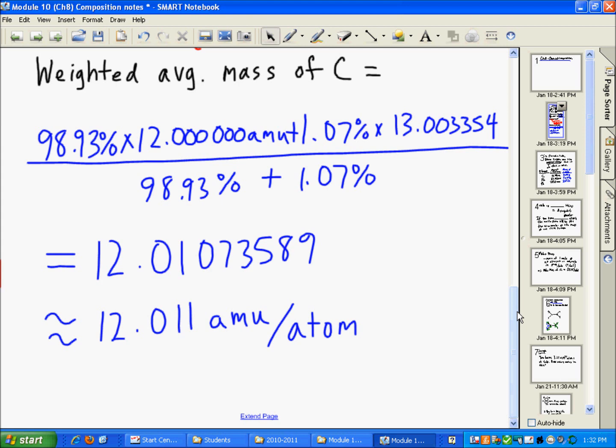So this is how they calculate the atomic weights in the periodic table. They use a weighted average to do it. So when you look at the atomic weights in the periodic table, remember that's not the weight of every atom. That's an average weight that you're taking for all the atoms of the naturally occurring isotopes.